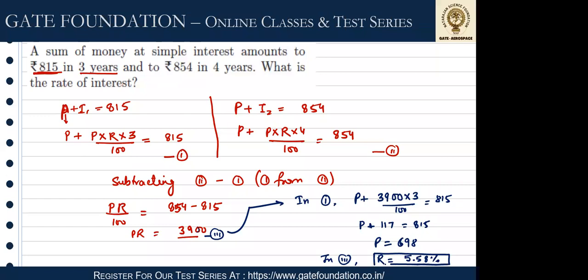This is going to be the final answer. So basically, two equations are given to you, and you are supposed to solve them. Just remember that in the question it has been written that the thing amounts to, so this is the amount. Amount is principal plus interest, as we have seen in the last class. So we'll solve this considering it to be the amount.